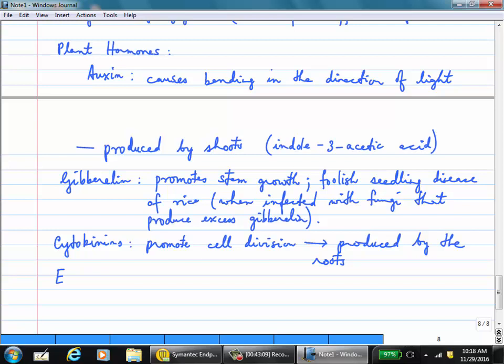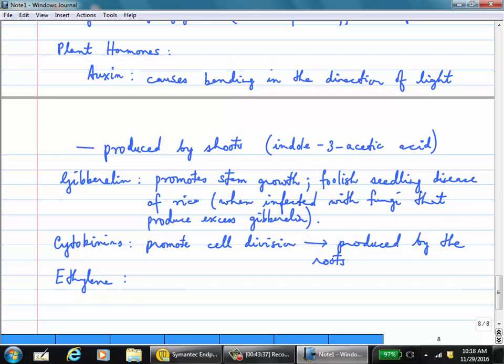So another hormone is ethylene. Does anybody know what ethylene can do? What can ethylene be used for? For plants? Ripen fruits, yes. So this stuff really relates to whatever you know from everyday life.